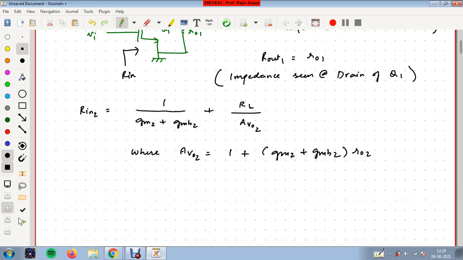You can approximate this as gm2 plus gmb2 into R02.